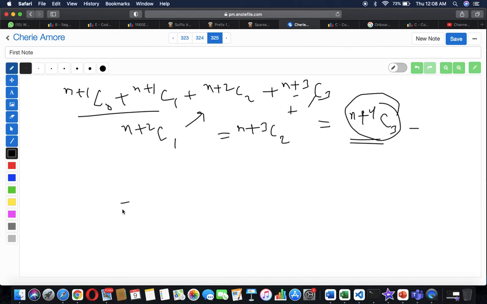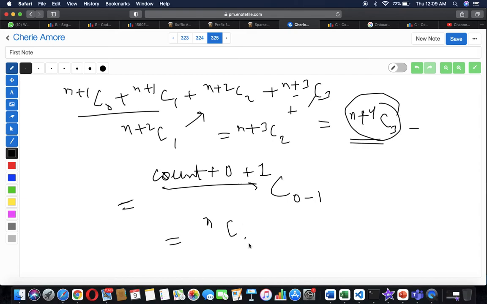Well, it's quite simple. If you just see, the answer will come out to be something around count plus O plus 1 C O minus 1, which is nothing but count plus O plus 1, which will give me n C O minus 1, or n C n minus count minus 1.